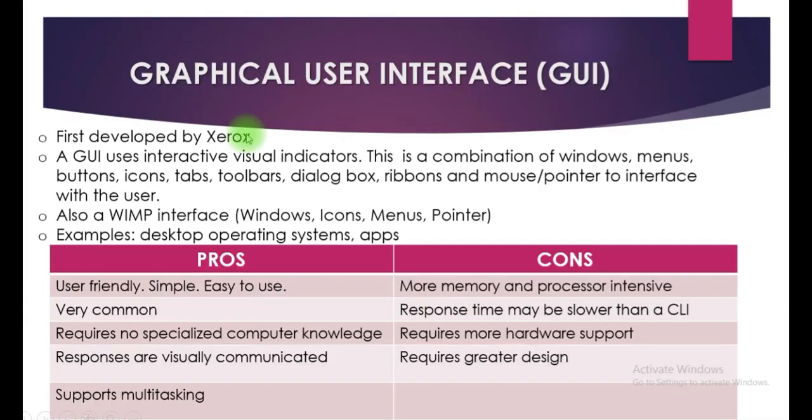Now, the graphical user interface, GUI, and I'm sure that we are all experienced in using this interface. The graphical user interface, GUI for short, was first developed by Xerox, and it is one that uses interactive visual indicators. So it includes a number of things, so it is multifaceted.